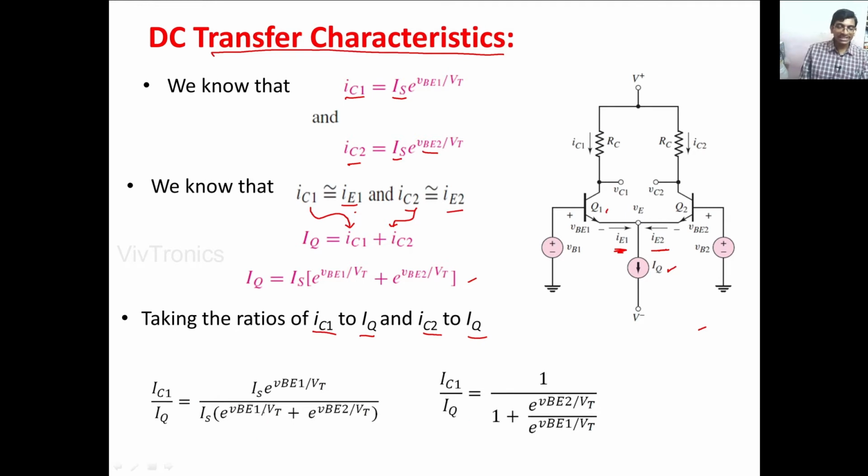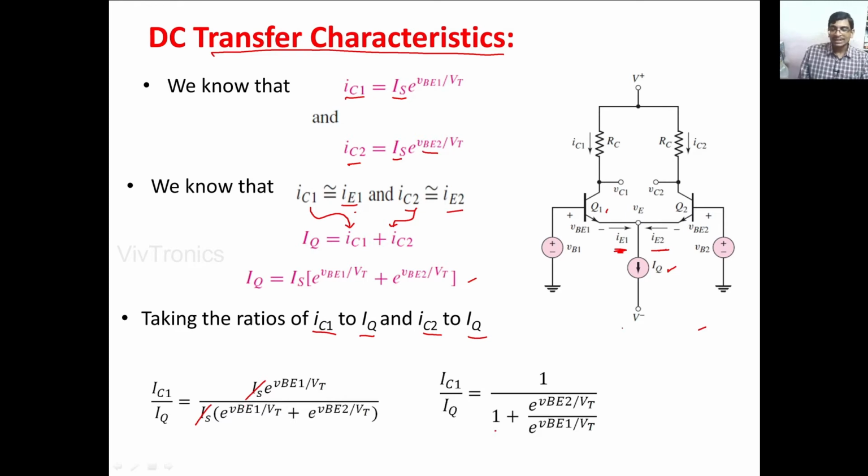e power VBE1 by Vt divided by e power VBE1 by Vt, that will be equal to 1, plus e power VBE2 by Vt divided by e power VBE1 by Vt, and this Is and Is will get cancelled. That is IC1 divided by IQ current.